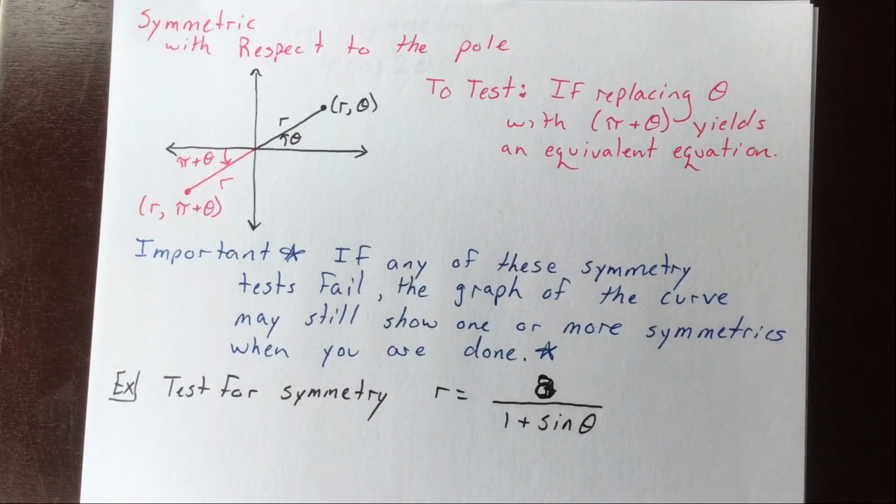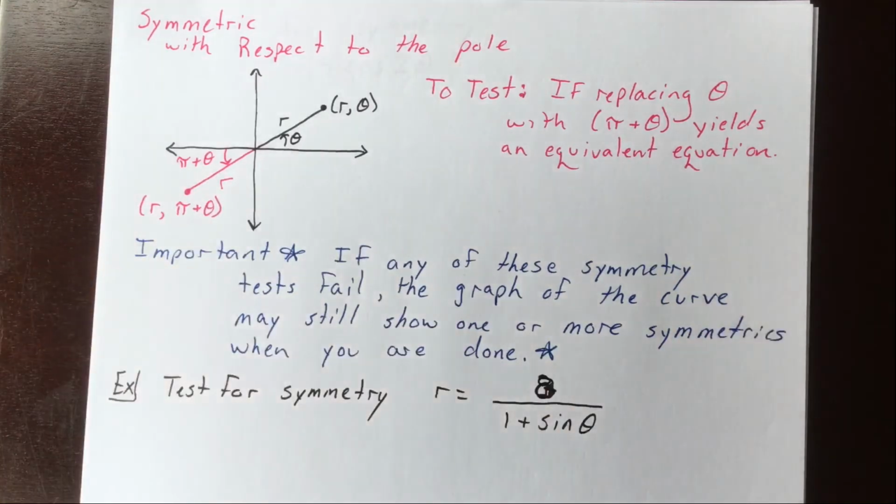Imagine I'm in quadrant 1 with respect to the pole. That would be taken from quadrant 1 to quadrant 3. So to be in quadrant 3, I'm pi plus theta. So pi minus theta is quadrant 2, pi plus theta is quadrant 3, and negative theta is quadrant 4. Just a couple of things to help you out here.